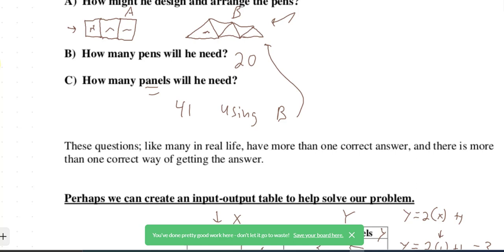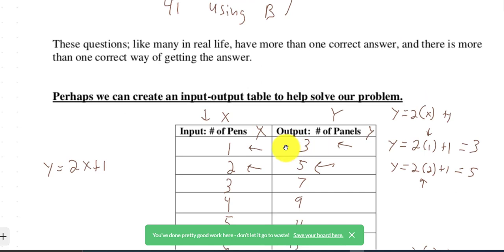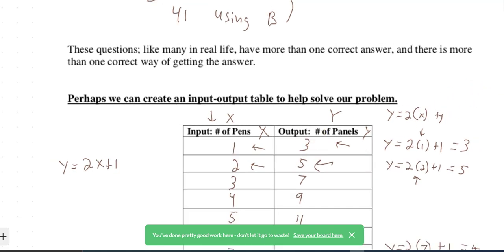If we used letter A, that would be a different story. We'd start out with 1, 2, 3, 4, so you'd have to start out with the 4 down here for the output, and then it would increase by 3. But that's not what they asked us to do.